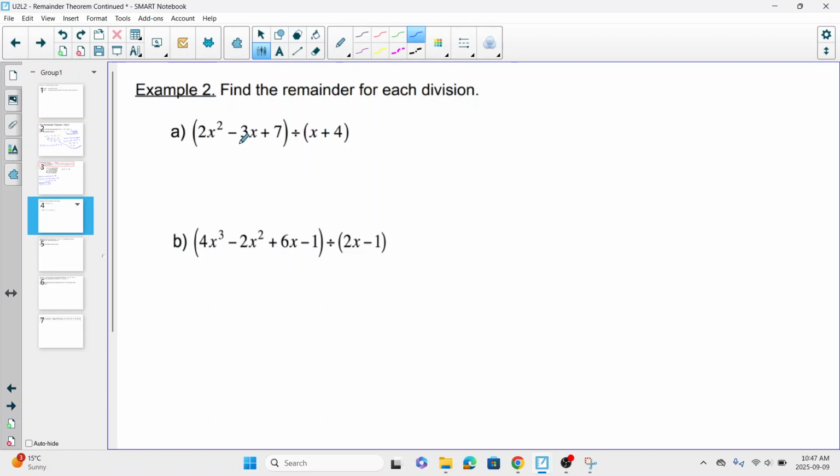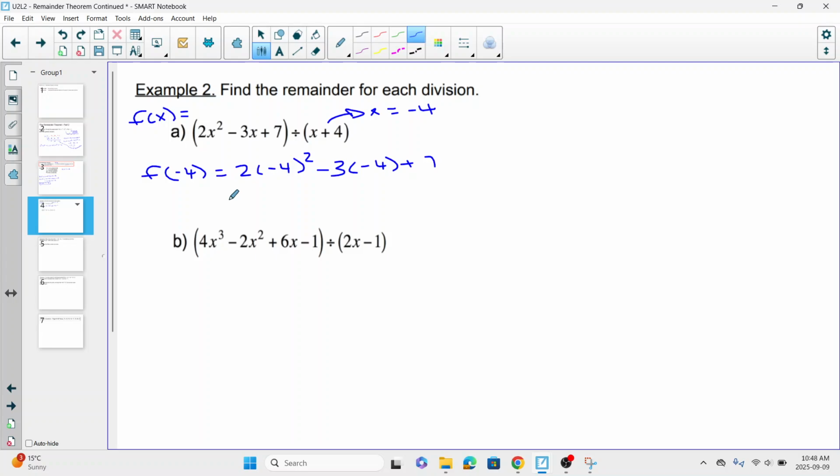So if we want to find the remainder, let's call this function f at x. So we want to know what is f at, remember, if this is x plus 4, then we're dealing with negative 4. So we want to know what is f at negative 4. We sub it into our function: negative 4 squared times 2, minus 3 times negative 4, plus 7.